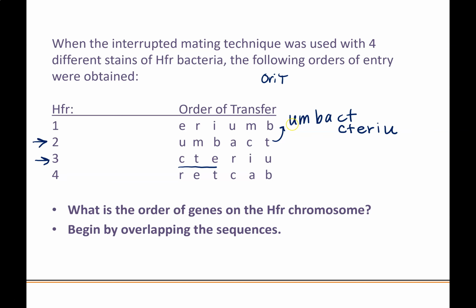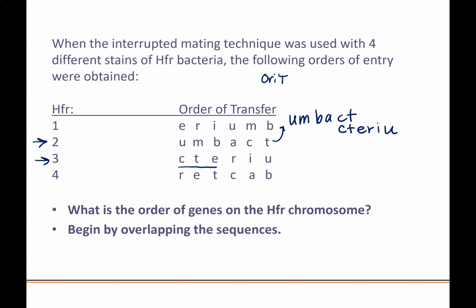Okay, so UMBACT overlaps with CTERIU. Now, it did not matter whatsoever what I started with, but I started with those two because I know the answer, and you might actually be able to see already what this is going to spell. This is just for illustrative purposes.